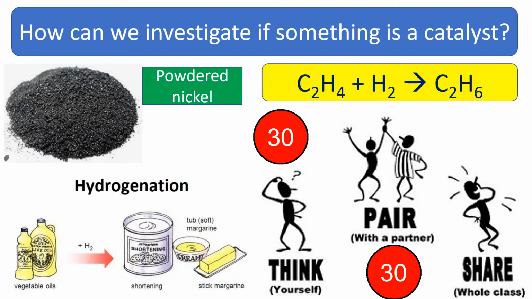I've got some powdered nickel. How do I know if that nickel is going to act as a catalyst for hydrogenation? Well, if I just put the powdered nickel in and the reaction happens, how do I know if that nickel's actually acted as a catalyst? Well, I need a before and after, don't I? I need without the powdered nickel and with powdered nickel. And if the reaction is faster, then I know that the nickel is acting as a catalyst.